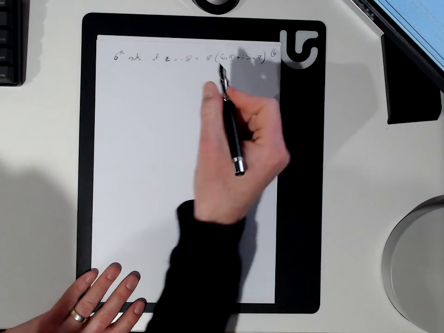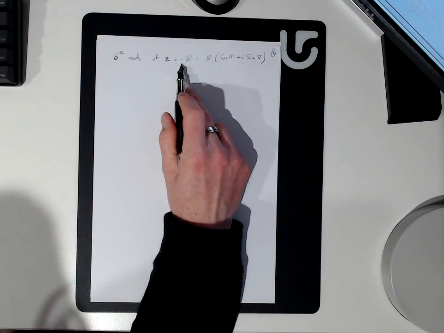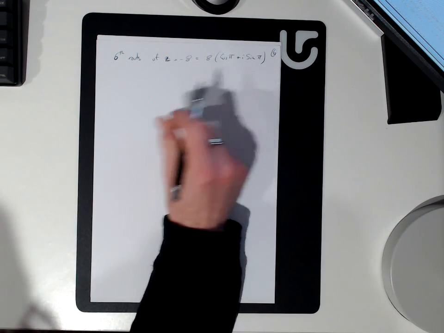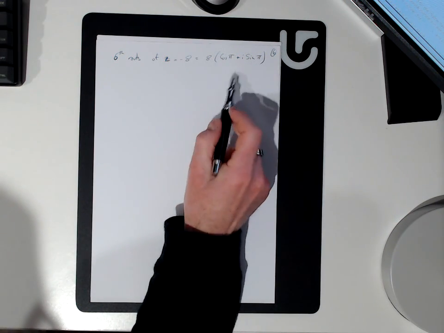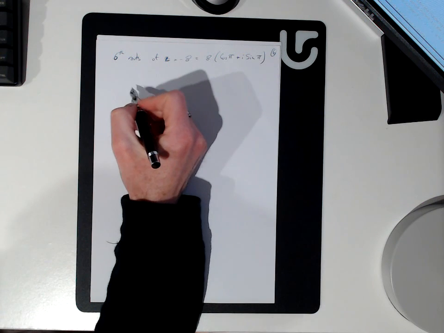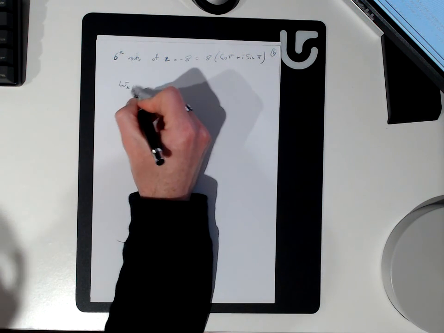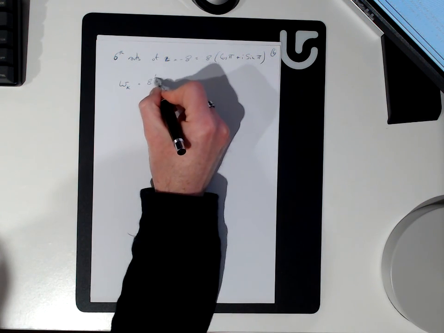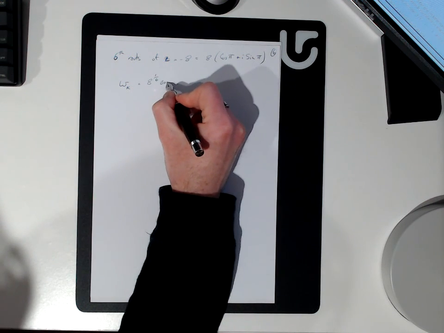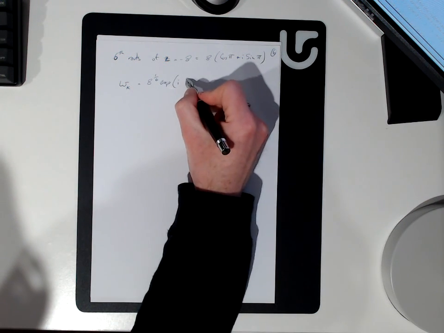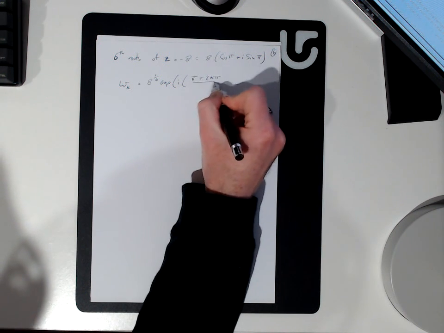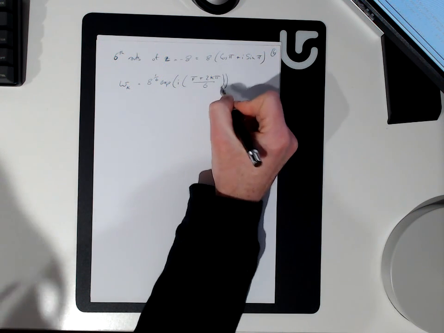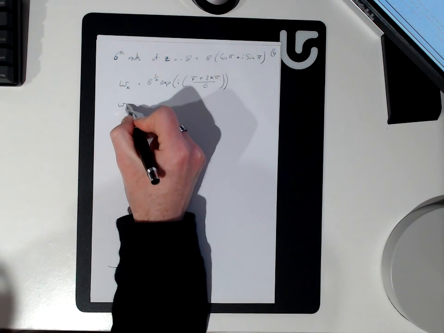I'm hiding my working because I did it beforehand, but anyway, there's a minus 1 here, and we need to write minus 1 out. And of course, minus 1 is pi rotated from 1, which is where this all comes from. This means that omega k is equal to 8 to the 1 over 6 times exp of i times pi plus 2k pi over 6. So what is this?